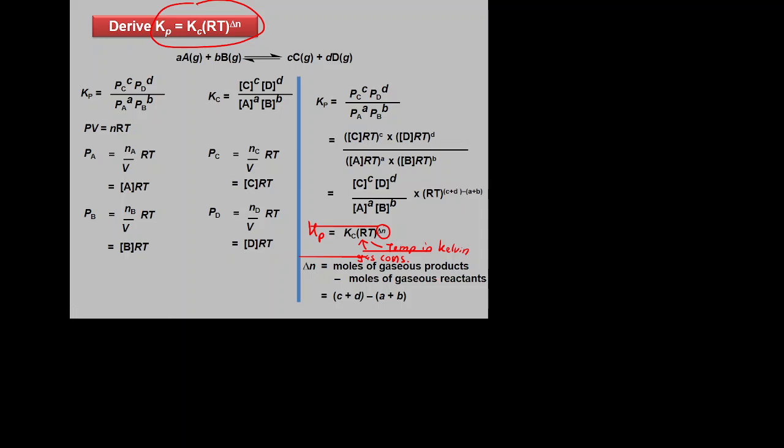Okay, how many moles yang ada dekat product minus dengan how many moles yang ada dekat reactant. Okay, but untuk this you tak perlulah cari moles in each individual. So moles in this term, because K is equilibrium punya constant. Equilibrium.